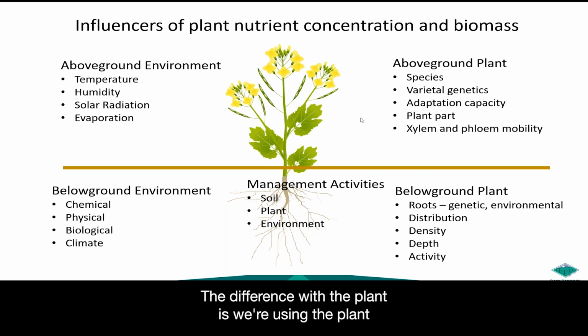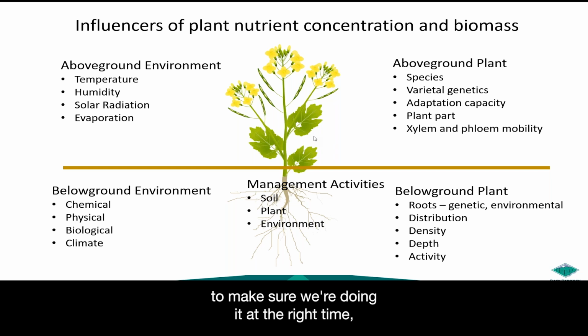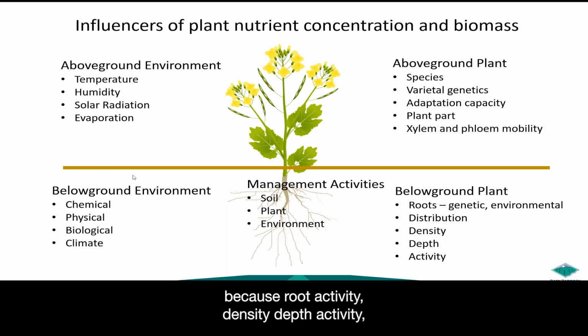The difference with the plant is we're using the plant roots to actually sample what the above ground parts are saying about the availability of nutrients. And that's very, very different. And we really need to understand the root system at the time we sample to make sure we're doing it at the right time, not just the physiology of the plant, because root activity, density and depth are all important in understanding why the plant's reacting the way that it is, because it is the sampling mechanism.